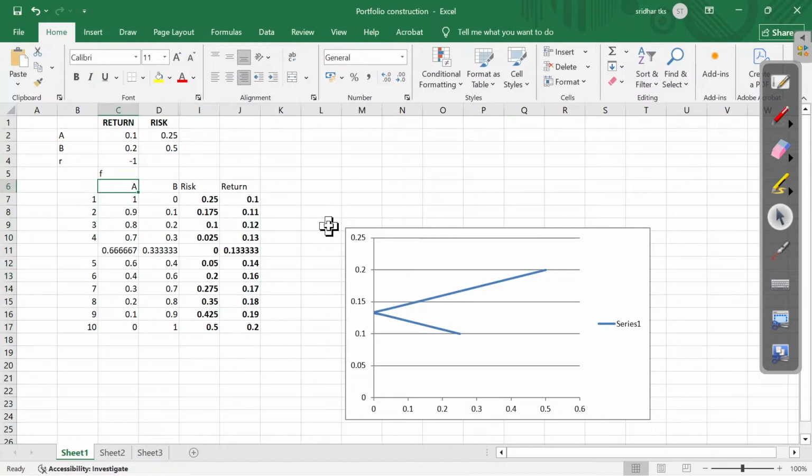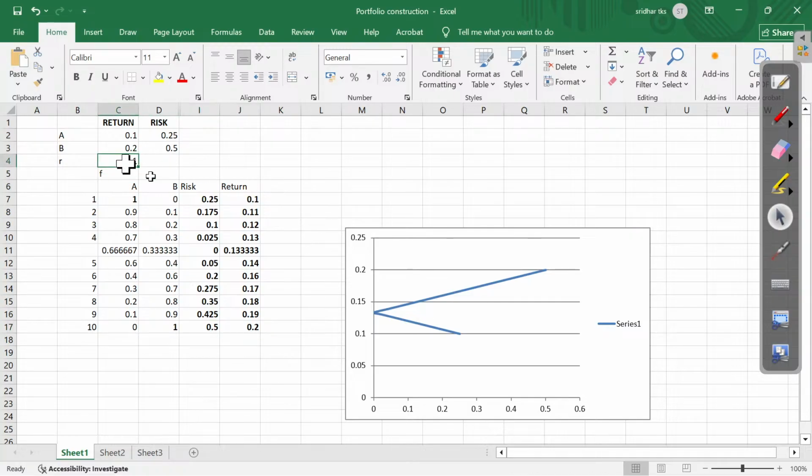If you are purely investing in A, your portfolio return is similar to A's return and risk is also A's risk. If you are purely investing in B, then your portfolio return is also equivalent to return of B and risk is also similar to that.